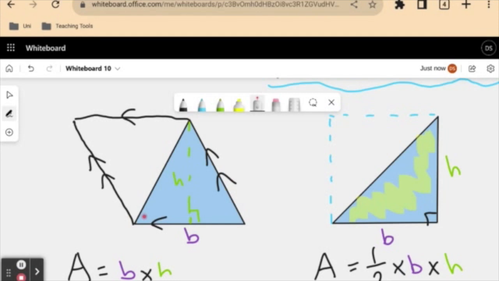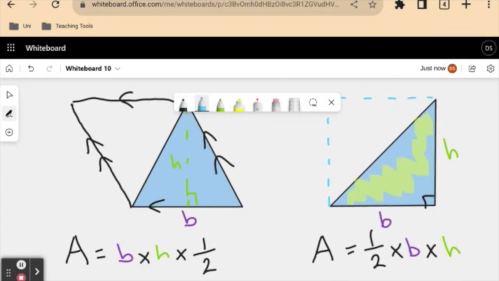And we can see that if we use the same kind of dimensions as our original, when we draw our new one, we get the same dimensions, and we get essentially two triangles, and only one of those is being used because that's our original area. So we'd say this makes up a fraction of half of our parallelogram that we've created. So once again, we have the base times the height multiplied by half.